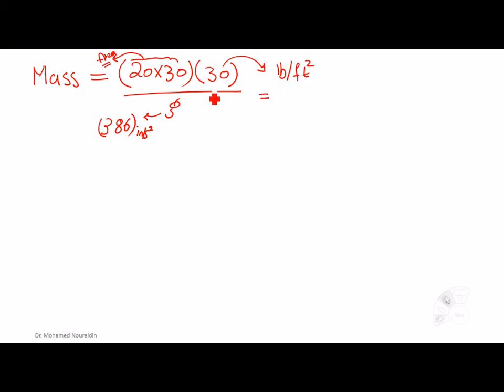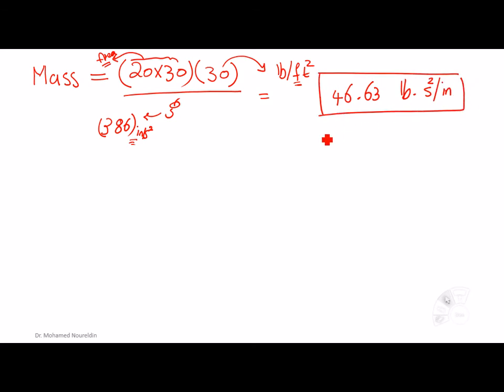Then if you multiply, take care of the conversion here, because we have inch here and foot there. After conversion, we're going to find that the mass of the system is 46.63 pound second squared per inch. So this is our mass.